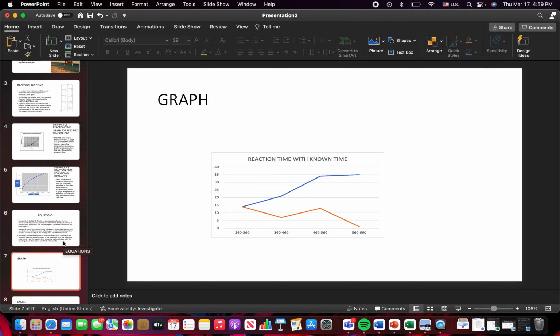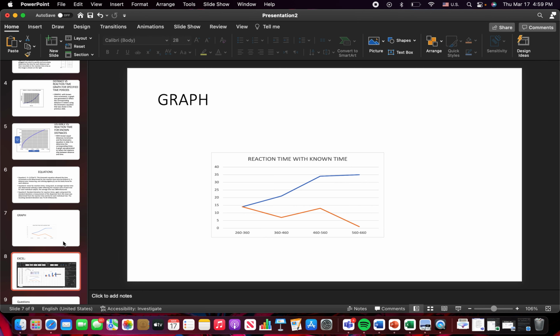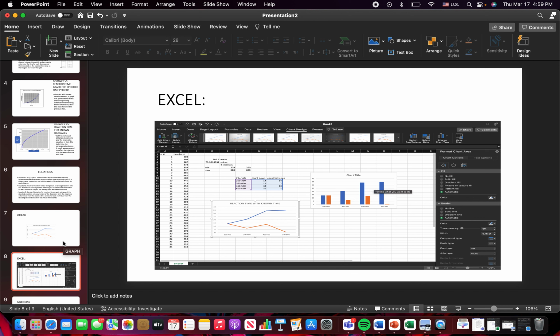This is a graph that I got from Excel. I just wanted to show it to you real quick. See how it's getting a slight curve going up, because we know each time that we hit, the reaction times were increasing. This was my project off of Excel.